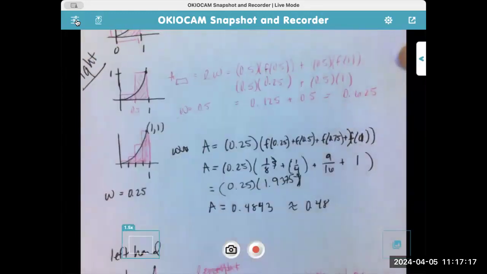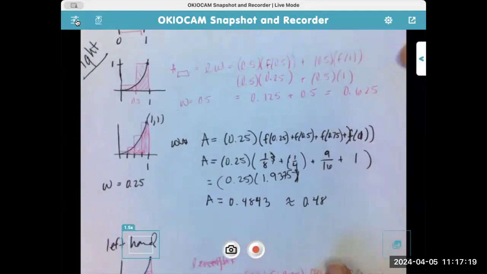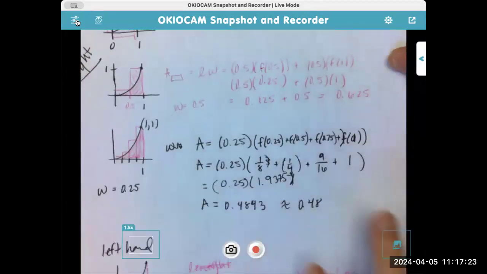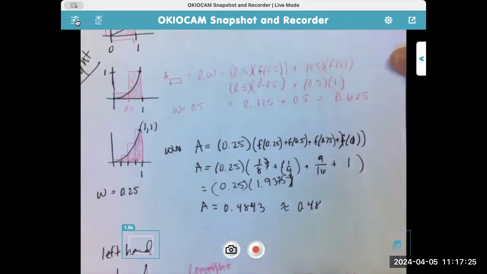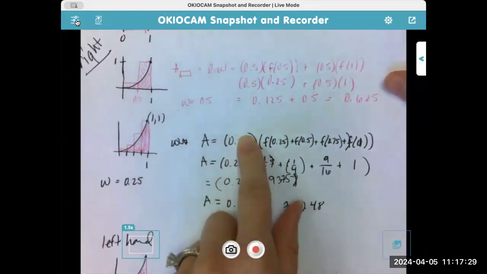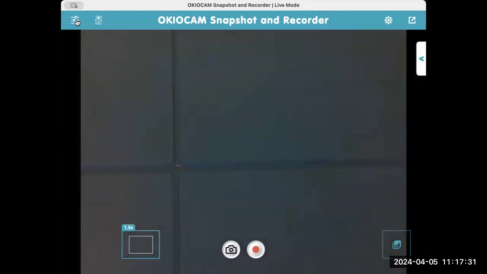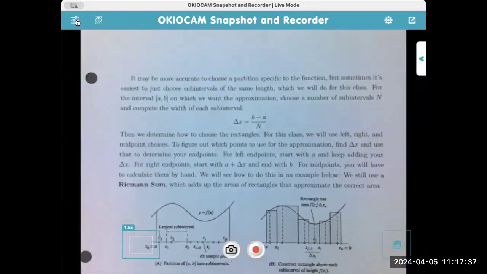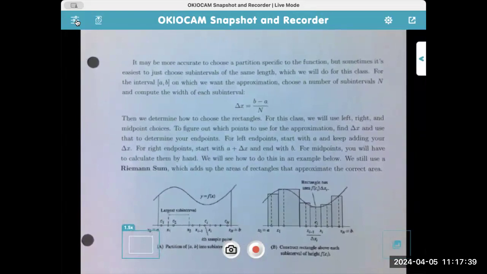You will be told how many rectangles to do, whether you're doing the left side or right side, and then you're just gonna add them all up to get this approximate, the estimate of the area under the curve. On Wednesday in class, we'll talk about how we get the exact area under the curve. But as you can imagine, it's by taking a limit.